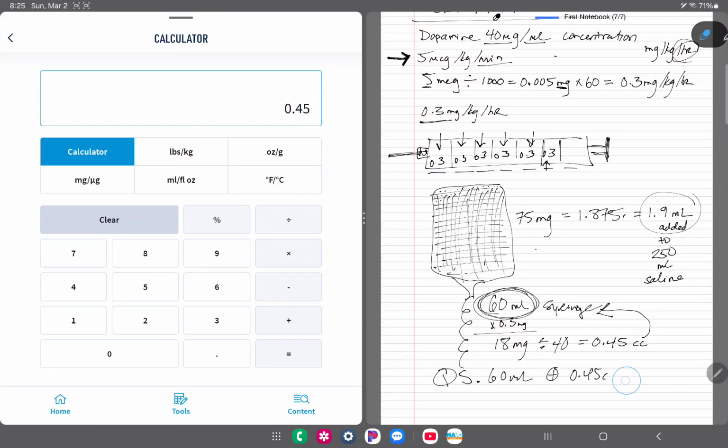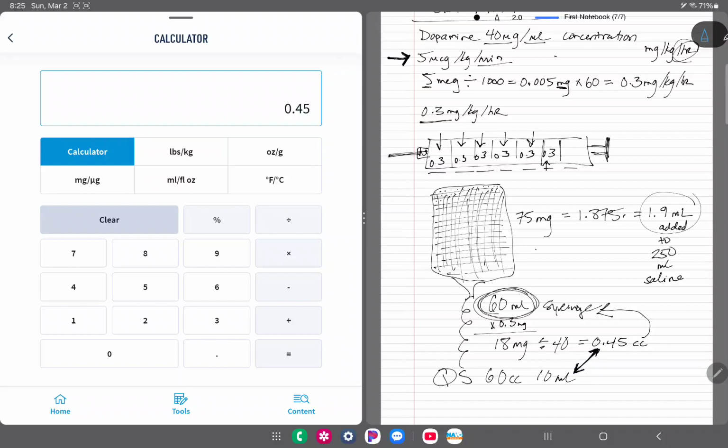The concentration is now incorrect. So I'm going to take that 60 cc syringe, and I'm going to only fill it up maybe with 10 mils, right? Just so I can have enough saline so that I can mix these two together, syringe from syringe.